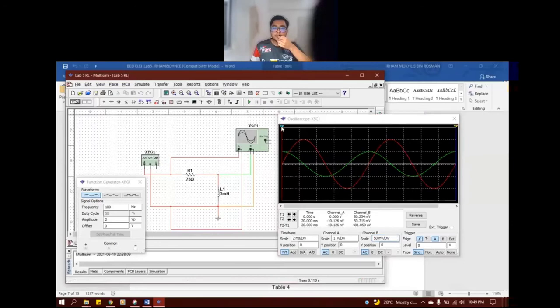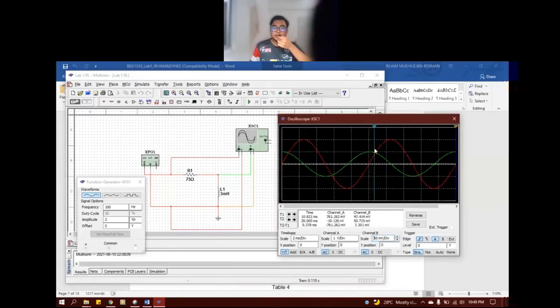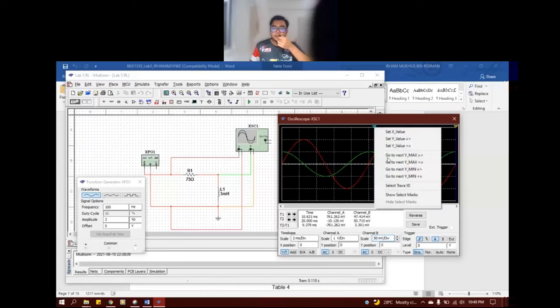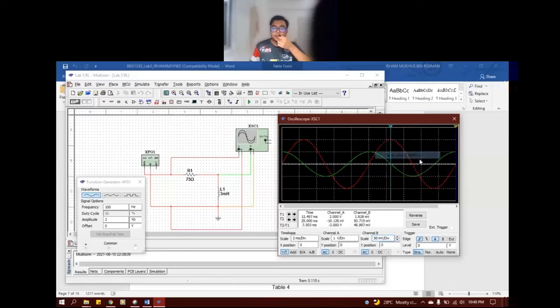How we get it is by using the cursor. We adjust it to the max on channel A. Channel A is the V in, the volt supply applied to the circuit, about 2 volt.